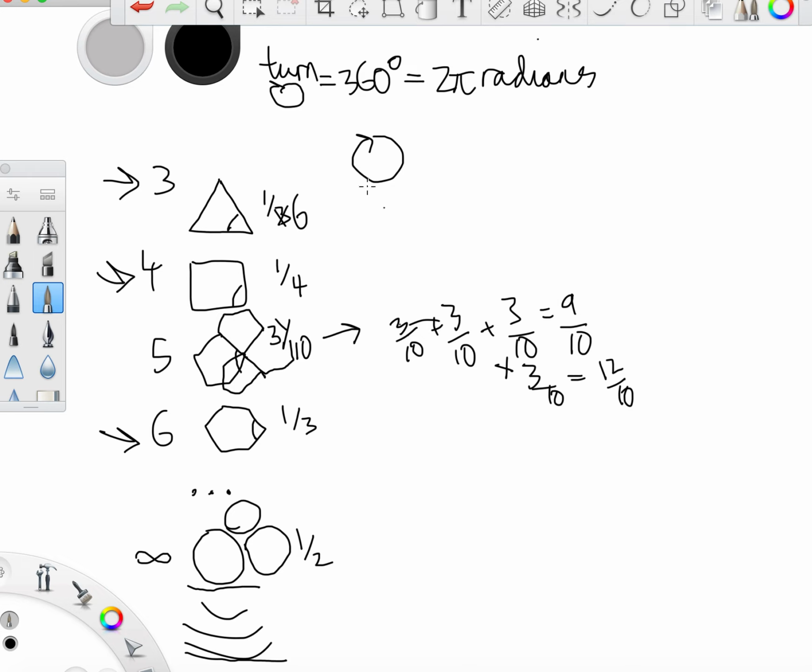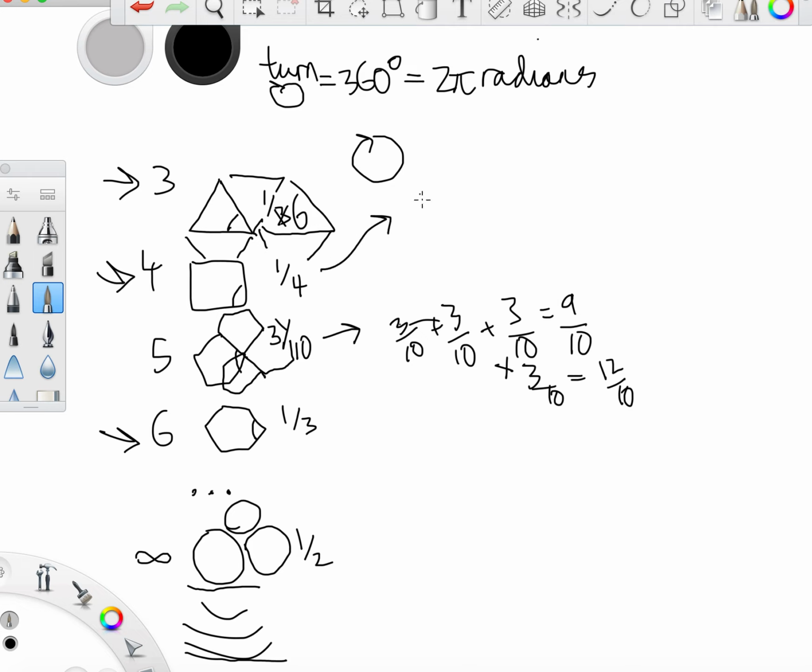But with cases where you have 1 over some number as your fraction of a turn, you just need to keep adding until you reach the number on the bottom. If you have a 6, you can just multiply it 6 times, and you get yourself a nice set of tessellating polygons, in this case triangles.